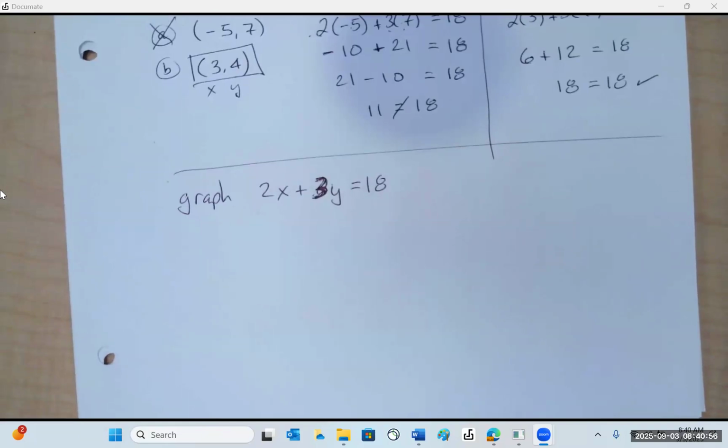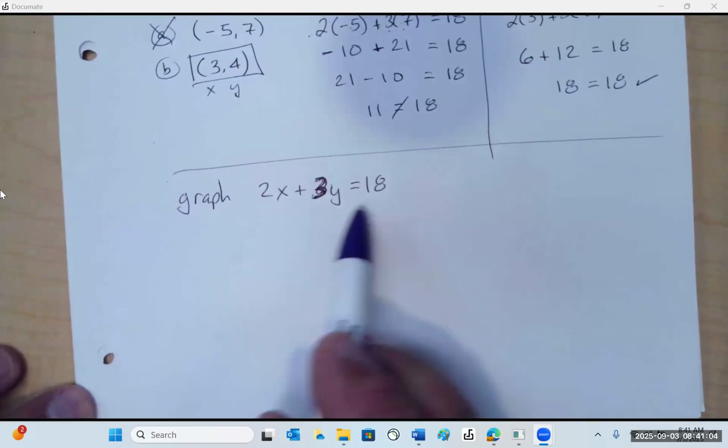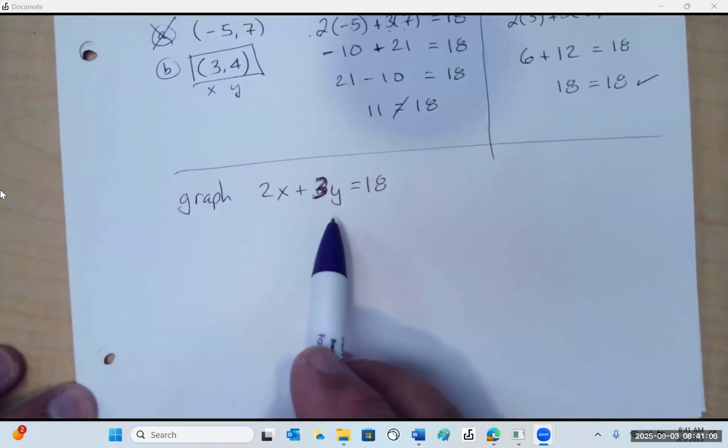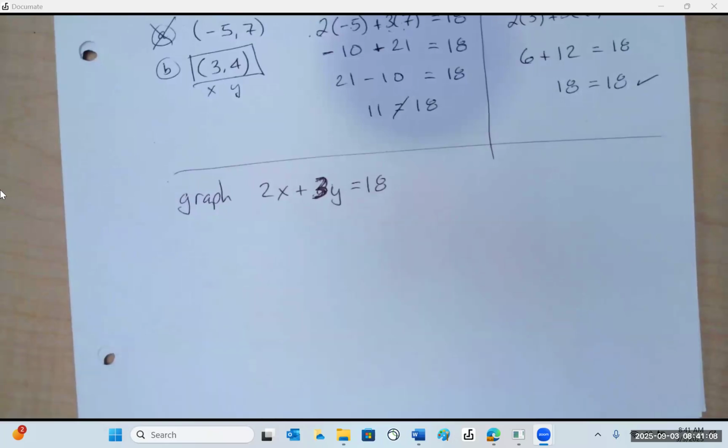We're going to learn multiple methods on graphing equations. First off, what kind of equation is this? In other words, when we draw the graph of it, what's the graph going to look like? What shape is it going to have? No, it's not going to have a curve.